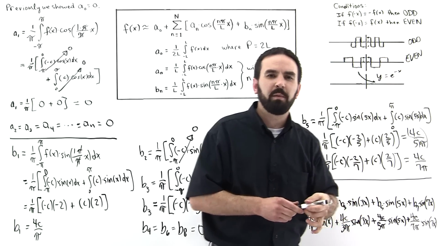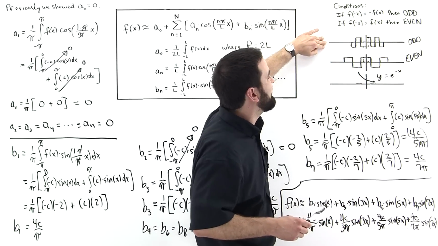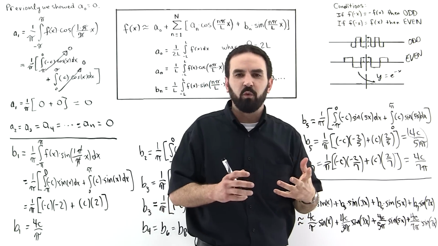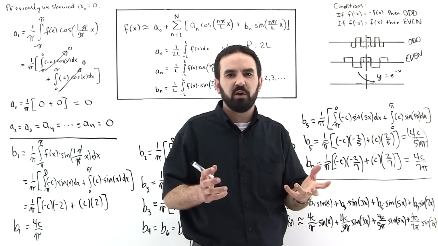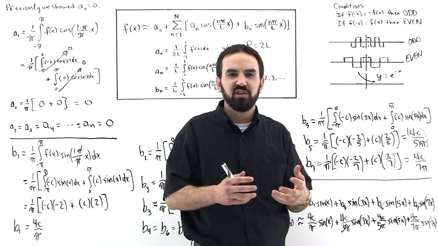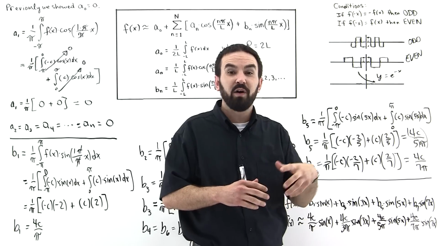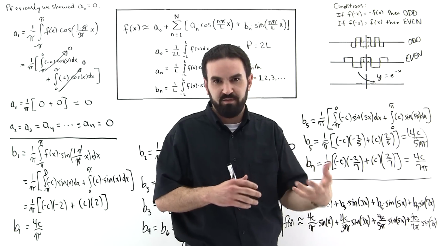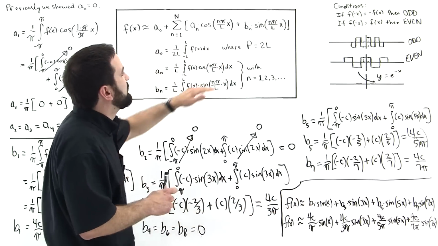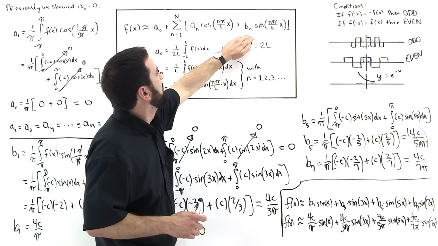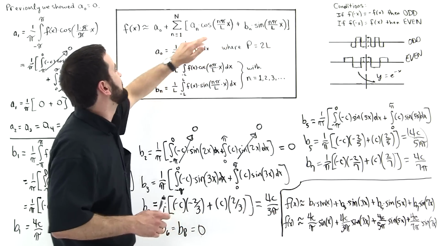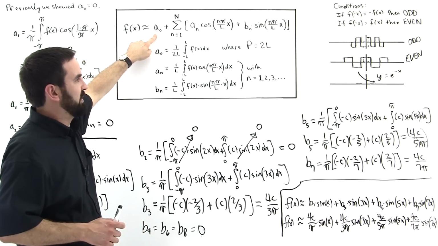Now, real quick, let me back up. If this is odd, which Fourier terms are you going to use? Well, you model odd functions with odd functions. So you would use these terms, and you would not have any of these terms. You also would not have this, by the way.